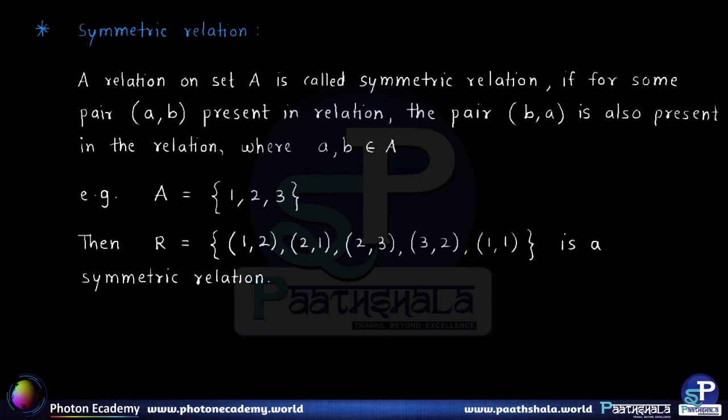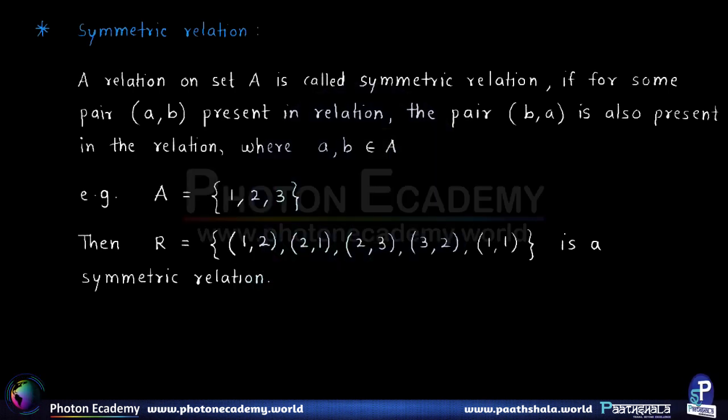That's it. It's not mandatory that we form all the possible ordered pairs from the elements of the given set. It just says that whichever pairs are present in the relation, their reverse pairs must also be present.